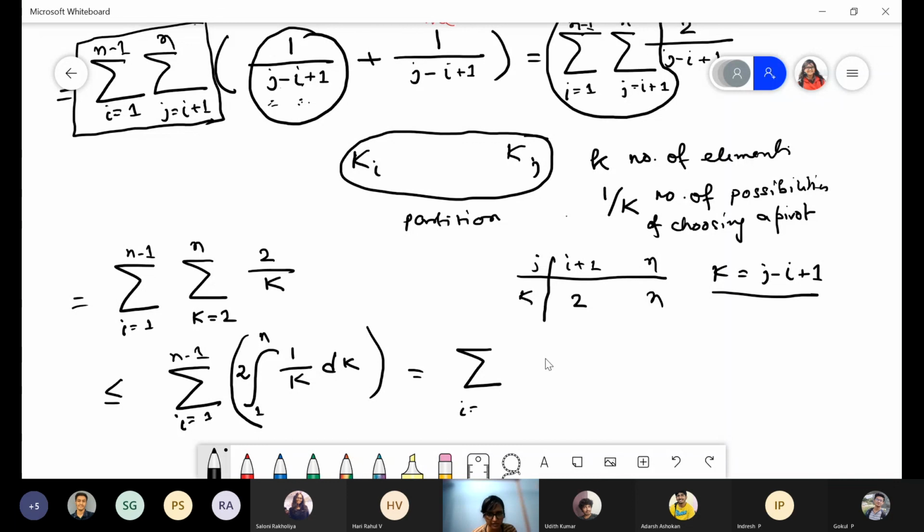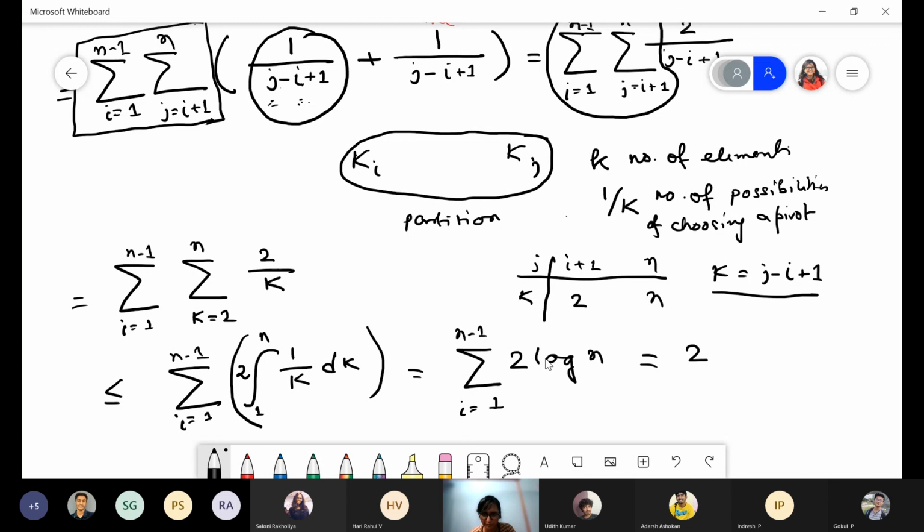So we can write it as the sum over i of 2 log n.